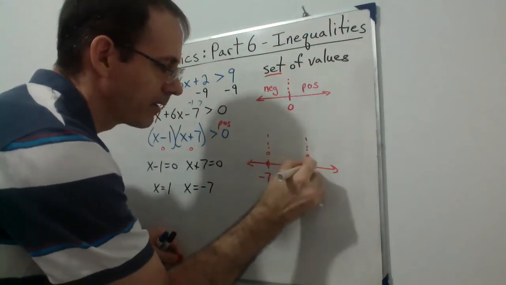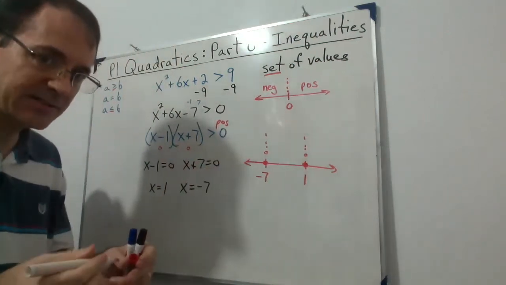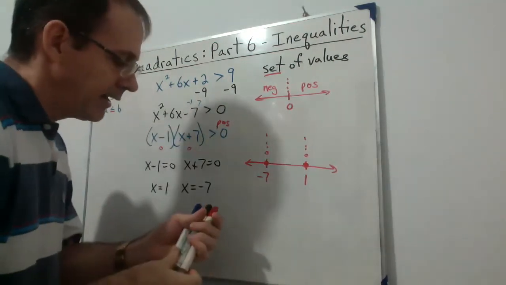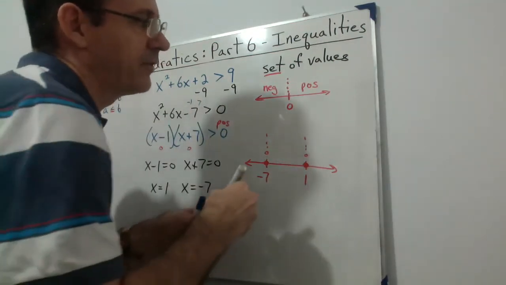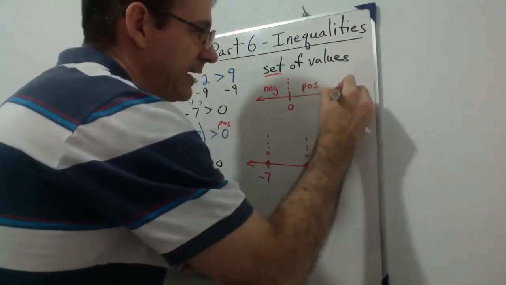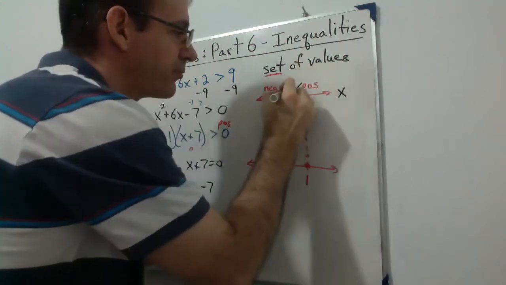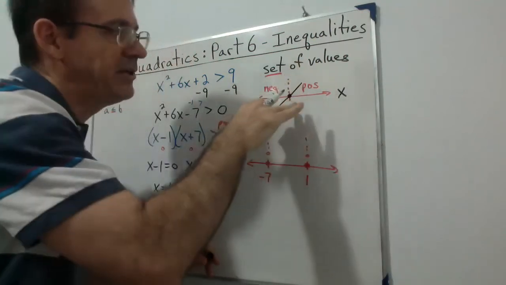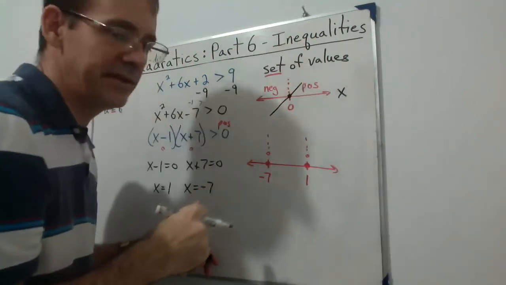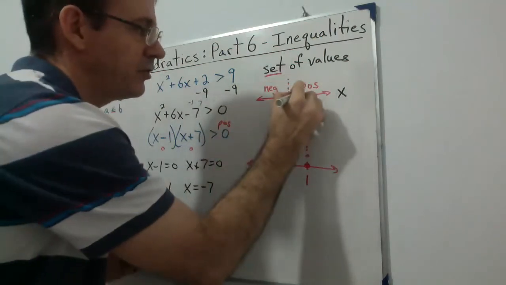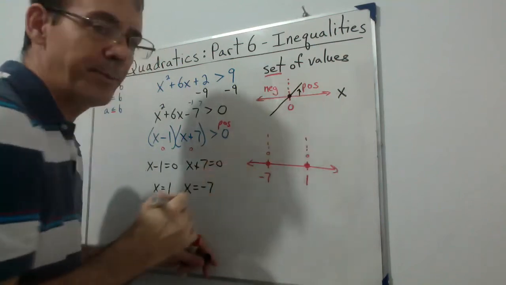Okay? A root means it's where our graph crosses the x-axis. If you look at it from the perspective of the x-axis, where your graph goes through that root and goes above the x-axis, that's the positive section because your y value is positive.